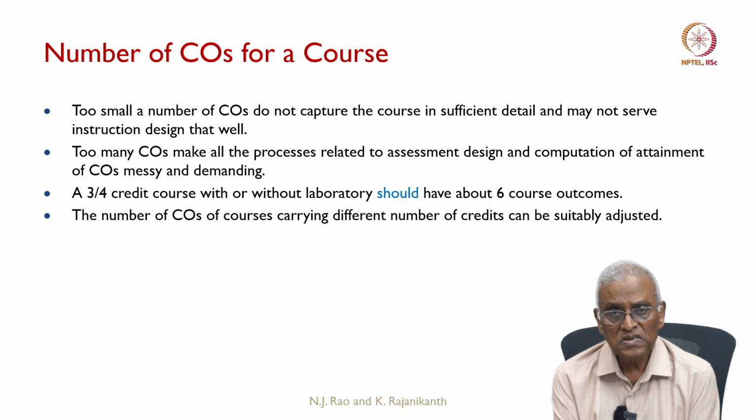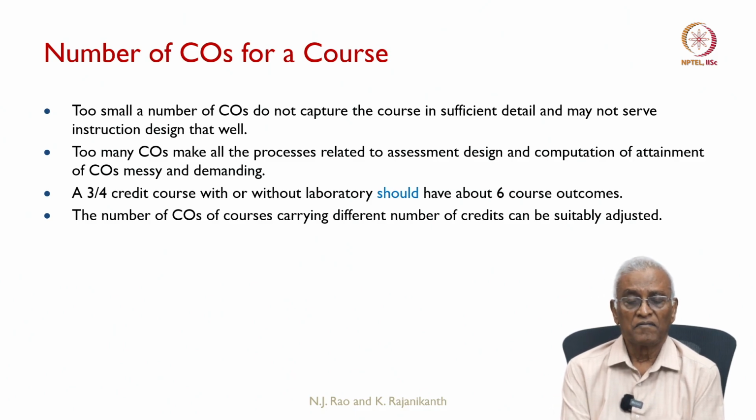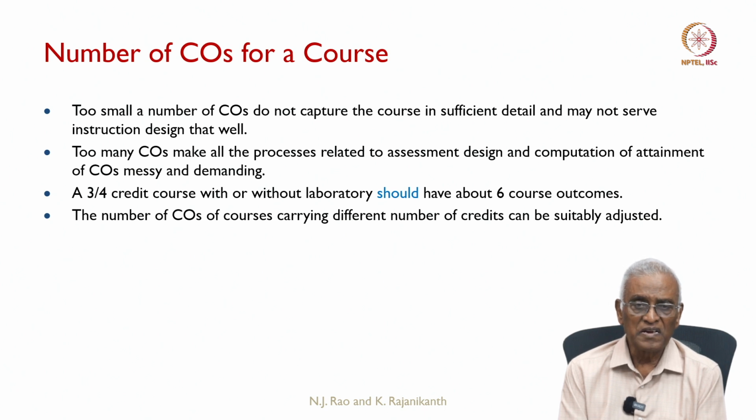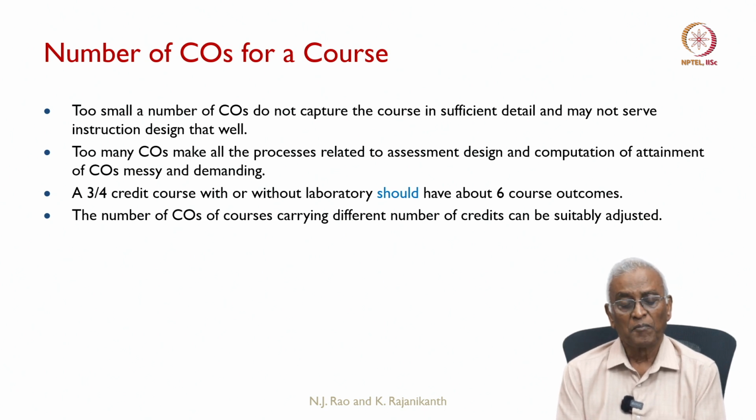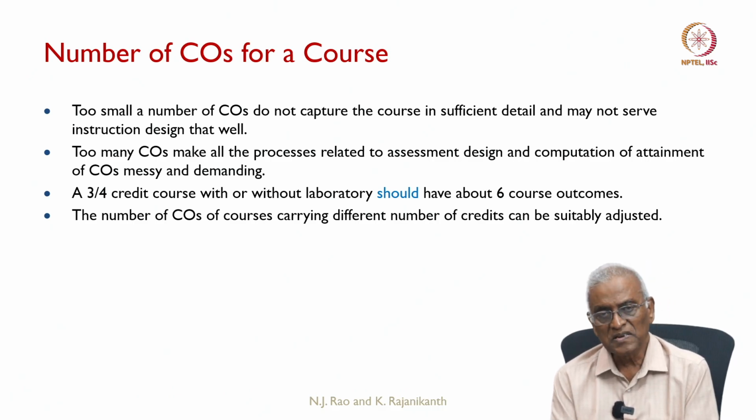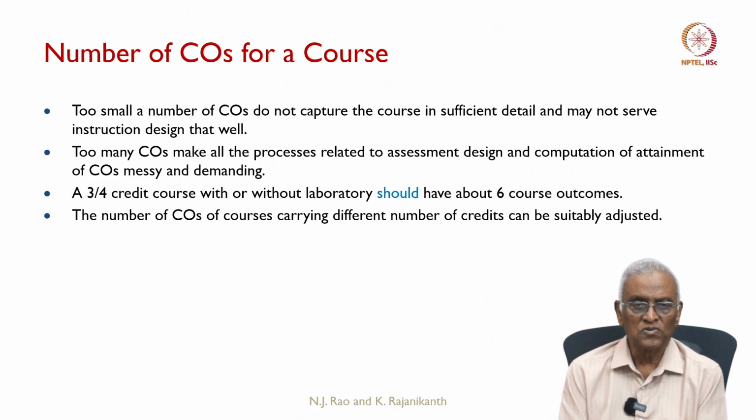Now the next question is, how many COs should we have? For a course, how many COs should we write? Too small a number of COs, like you write 2 sentences explaining the aim of the course, while it gives some information, doesn't provide you sufficient detail either to plan instruction or to plan one's own learning.